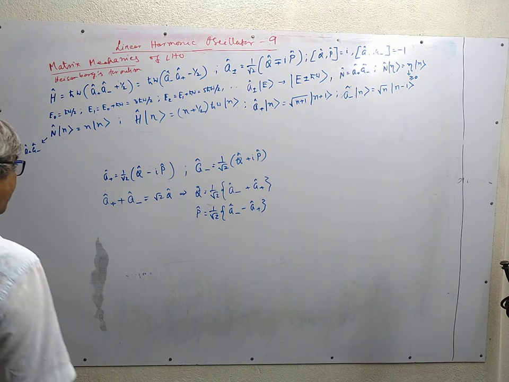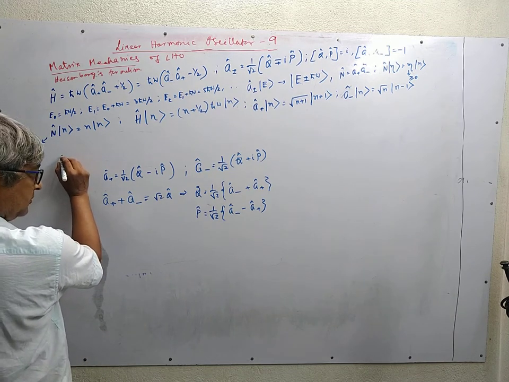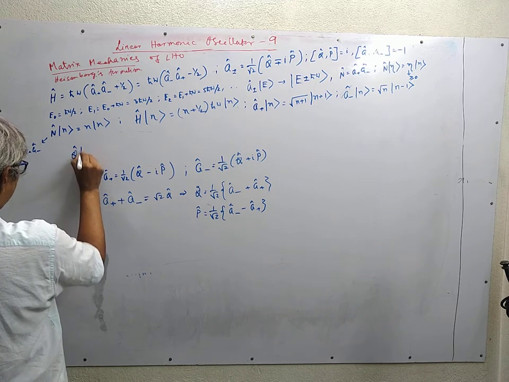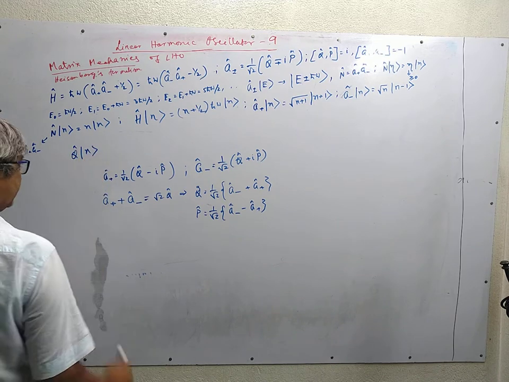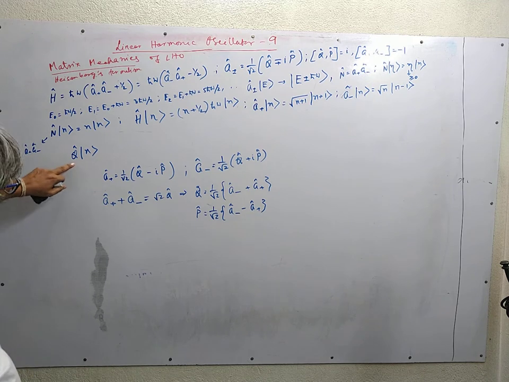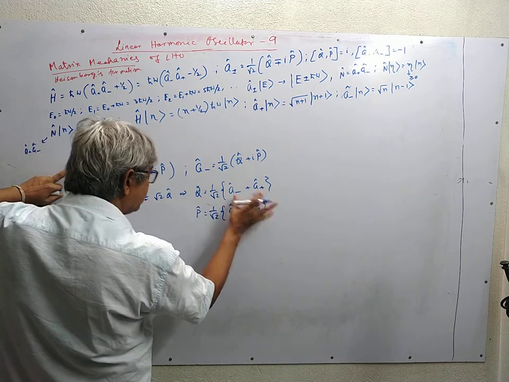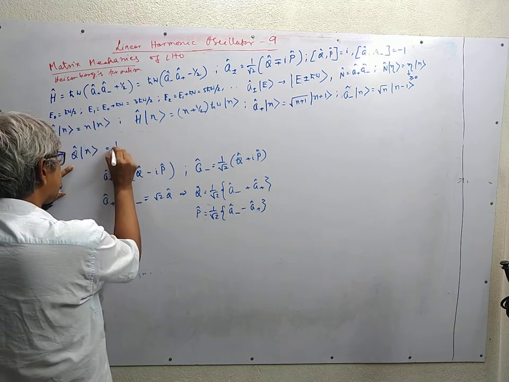So we want to find the q operator when it operates on an eigenstate n. We do not know how this operation acts, but we can replace the q operator in terms of raising and lowering operators.